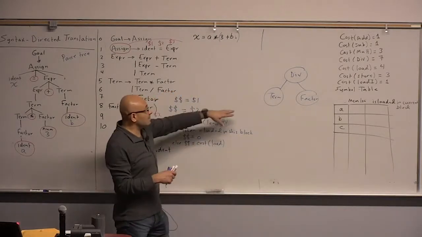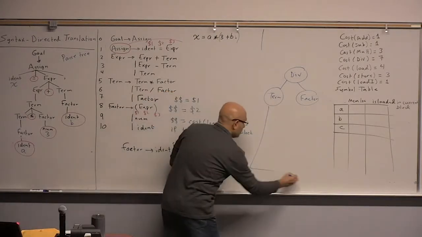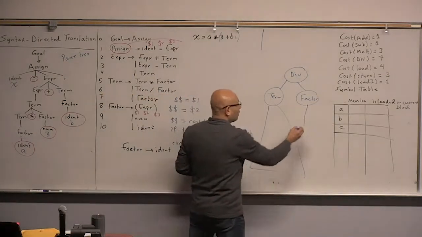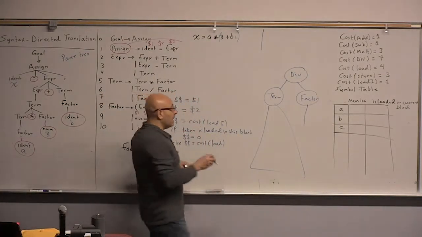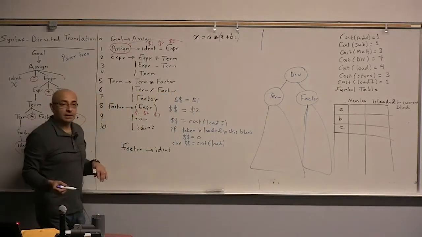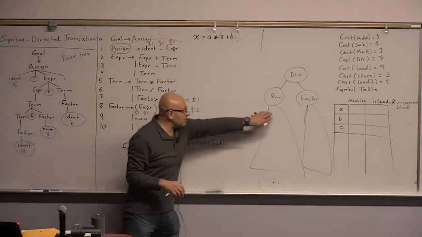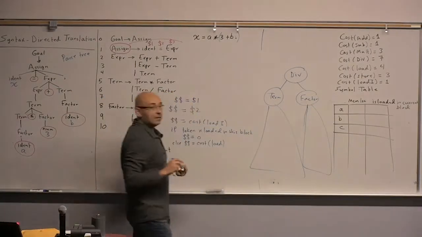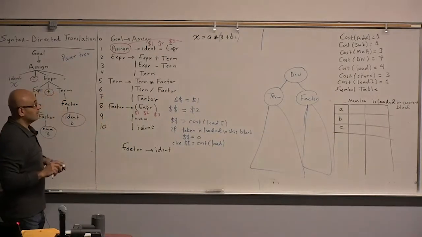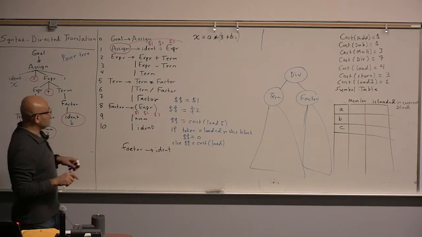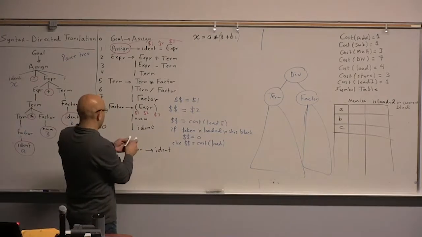Because this term can have a whole tree. It can be a huge term. And this factor, by the way, we'll go through a concrete example, can have a huge tree below it. So whatever this term is, we want to take its cost and the cost of the factor, and then add to that the cost of the divide. Exactly. So how do we express this using the $ notation?